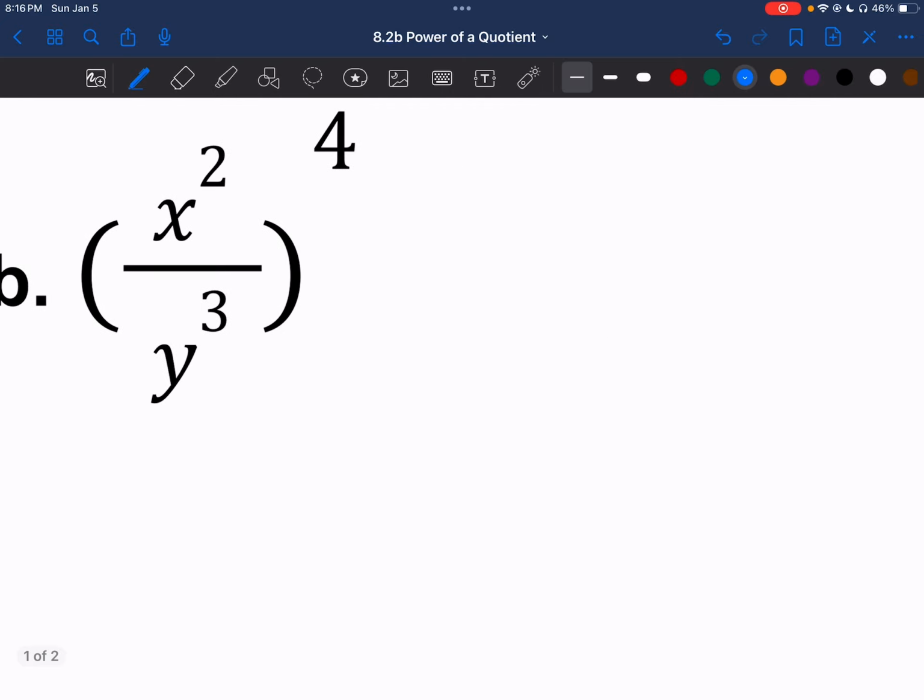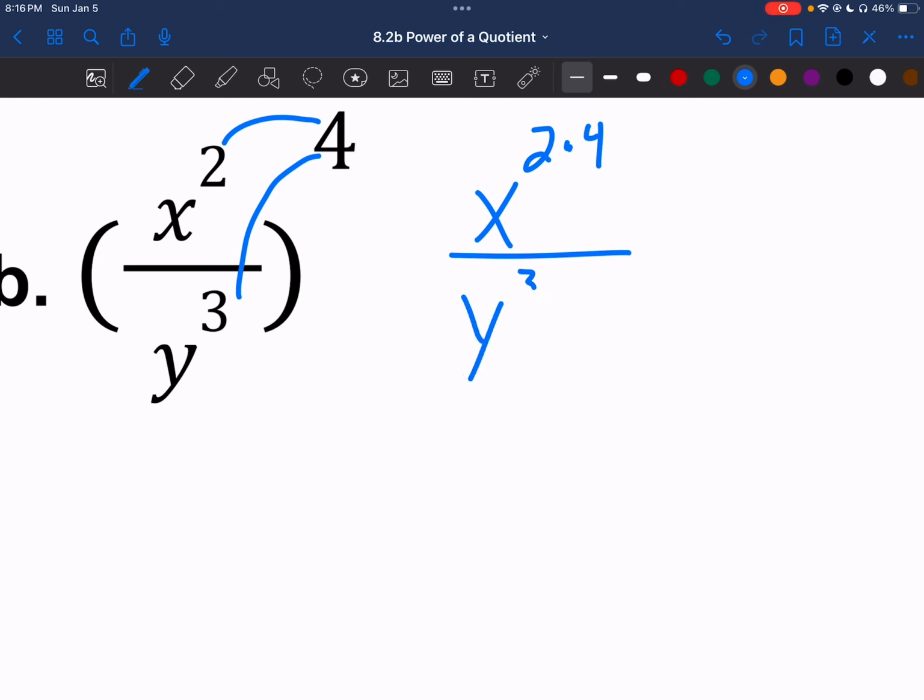Now, letter B here, we have exponents already that we're applying to, right? So remember, when we have parentheses, we're going to multiply those exponents together. So we have x to the second times fourth over y to the third times fourth.